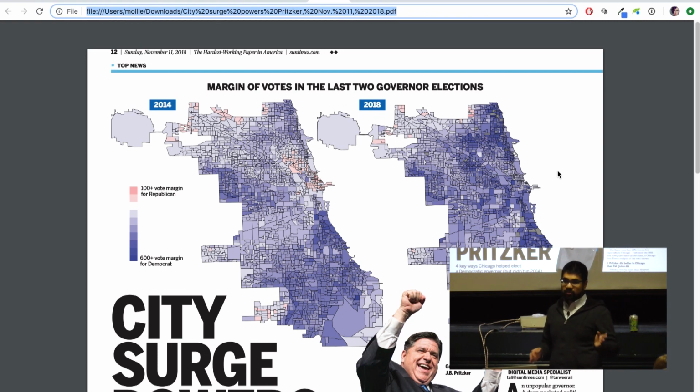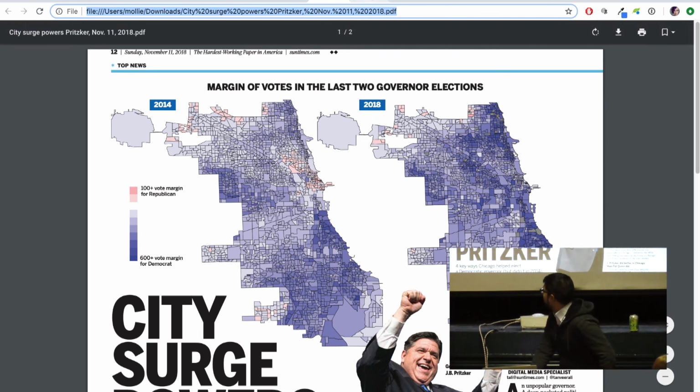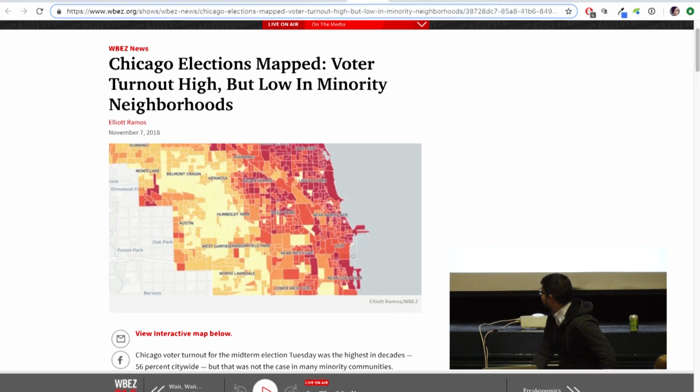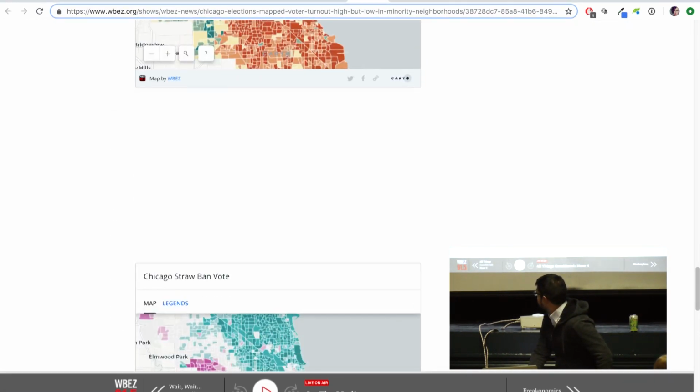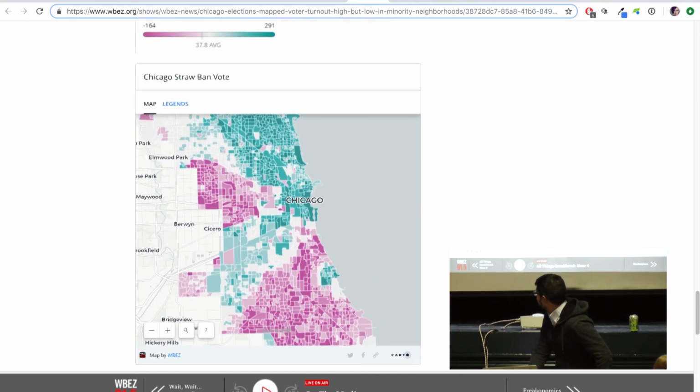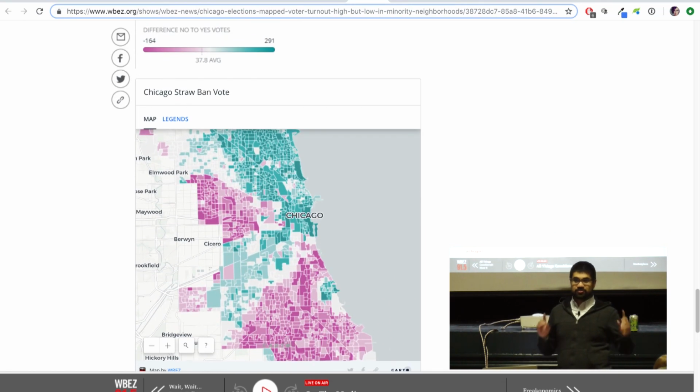I want to show some of the other stuff that people did on election night, both bigger places and our peers. The one map I didn't get around to, because WBZ beat me to it, was this map. So the closest vote in Chicago, I don't know how many of you are actually from Chicago, and I don't know how this question got on the ballot.